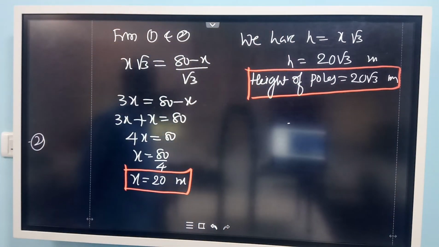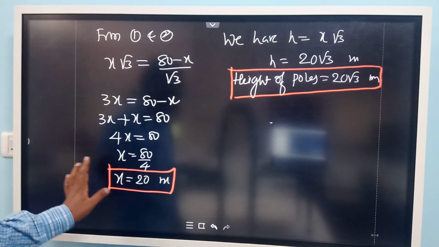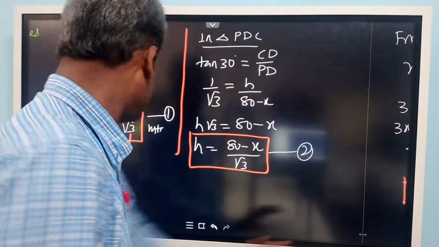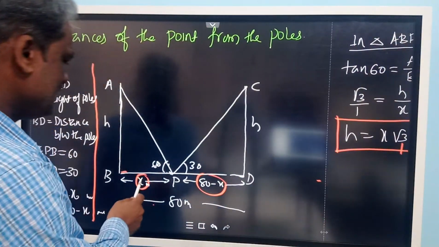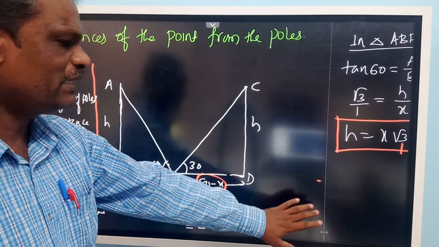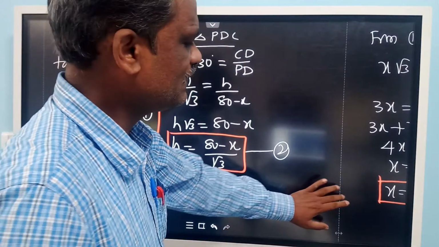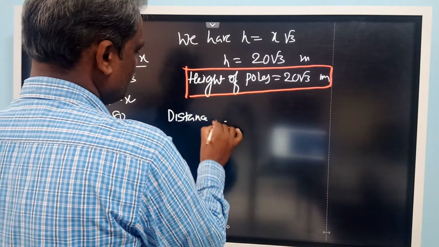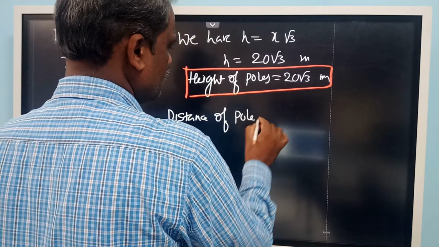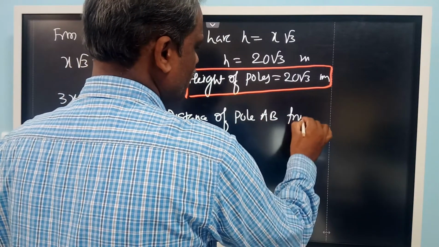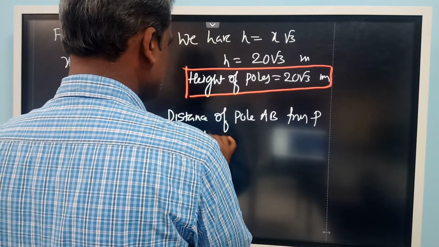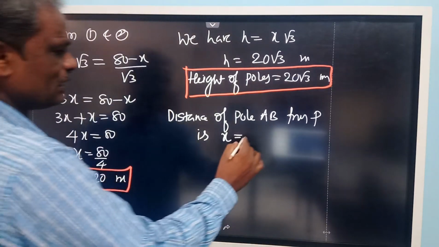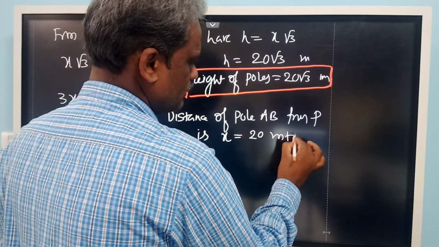Now the second one, they asked us to find the distance of the poles from the point P. What is the distance of the first pole from the point P? It is x. The other one is 80 minus x. So the distance of pole AB from P is x, which is equal to 20 meters.